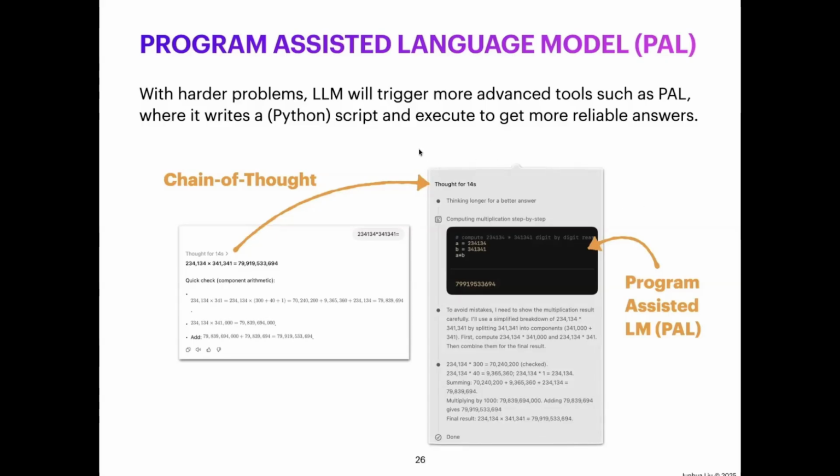When we ask a difficult task, it will first think about whether this task needs to use a tool or can be answered directly. If it thinks the task is hard enough, it will write a script, most often a Python script, and then execute the script to get the answer, and then use this answer to generate the response.